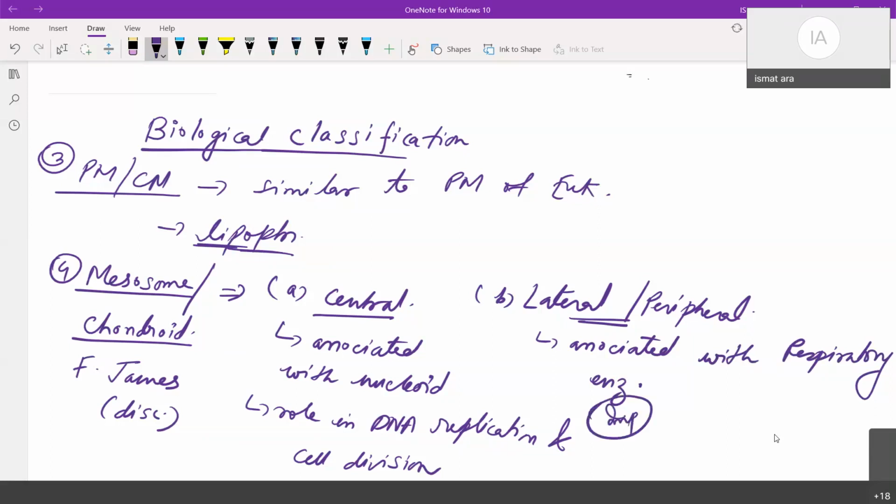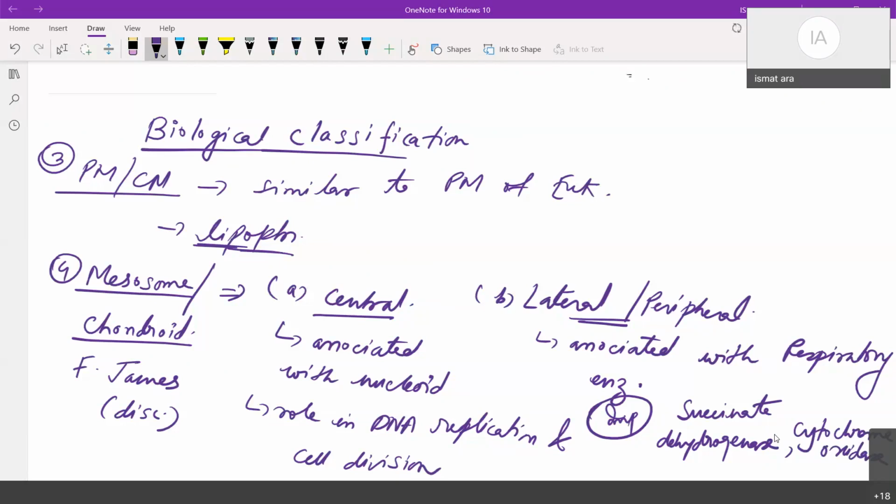In NEET, they have asked this question many times. Succinate dehydrogenase and cytochrome oxidase are the two enzymes present in mesosomes.